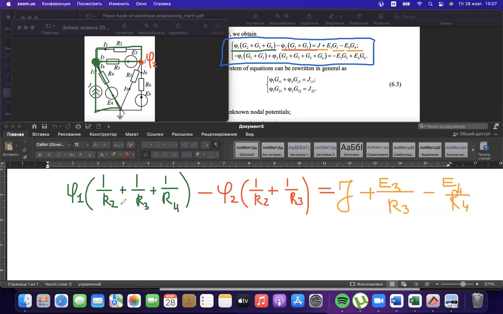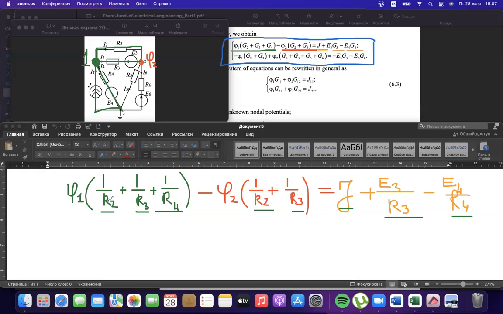And if you see, we have only the branch with R2, the branch with R3, the branch with R4, and the branch with J. No other branches are inside this equation because the first equation is written only for the first potential. R5 and R6 will not be inside it.